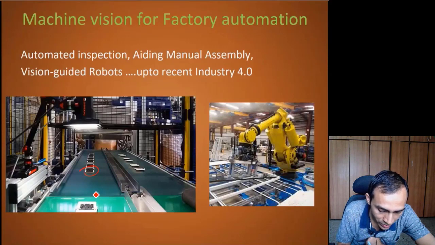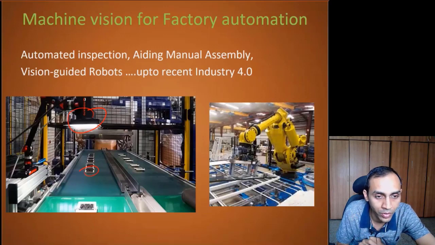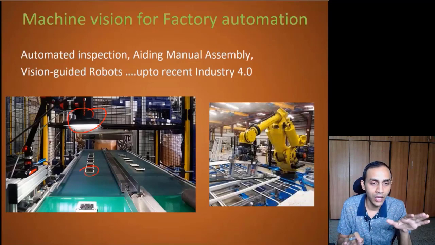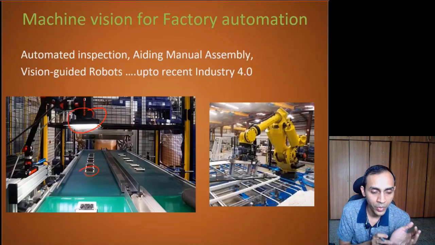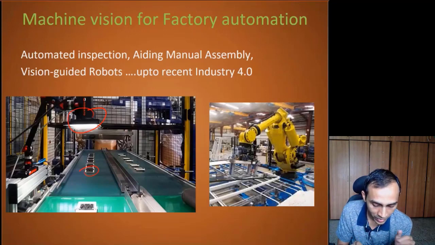The products automatically move on the assembly line, with overhead cameras taking images of the assembled product or a part of it, matching it with the ideal part, and doing an automatic subtraction to find out if something is missing or defective. That automates the process of inspection.